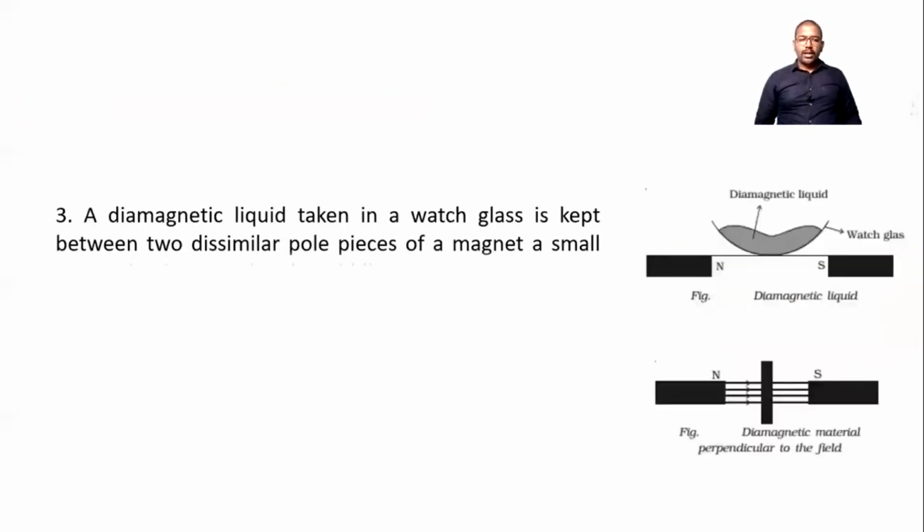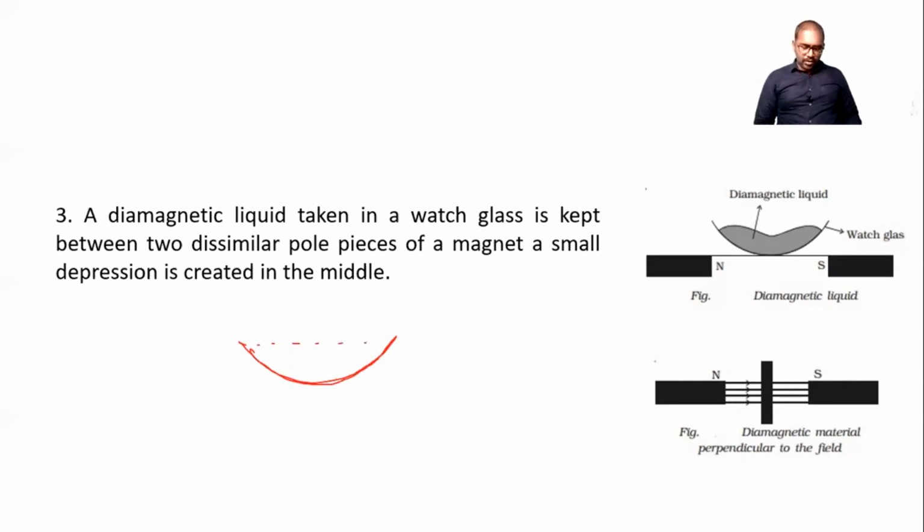Third one, a diamagnetic liquid taken in a watch glass is kept between two dissimilar pole pieces of magnet. A small depression is created in the middle. So we are talking about a watch glass, this shape, filled with diamagnetic liquid.